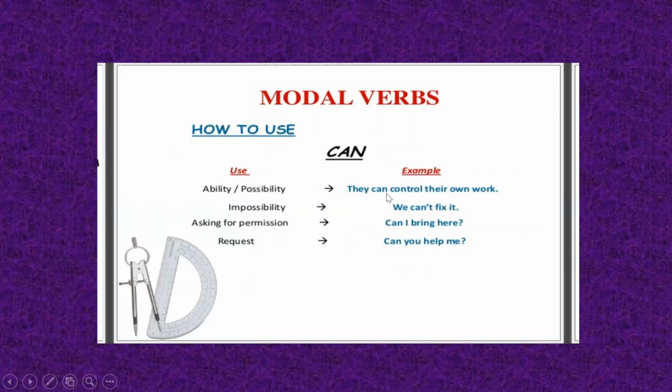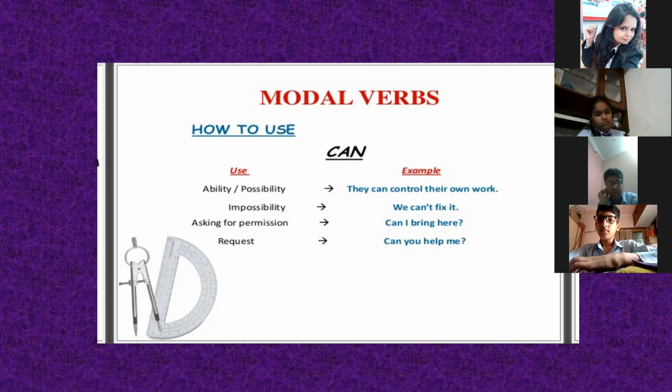So can here is used to express that they have the ability to control their work. If we talk about the second use, we add not to can and it becomes about impossibility. I can control, I cannot control. I can write, I cannot write, right? So when you add not to it, the possibility changes to impossibility.